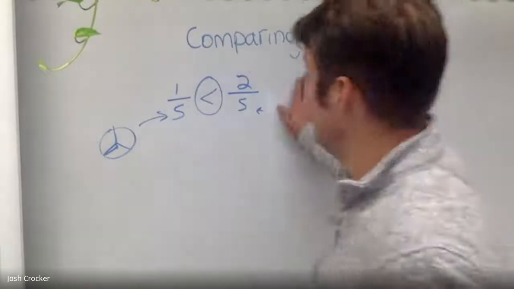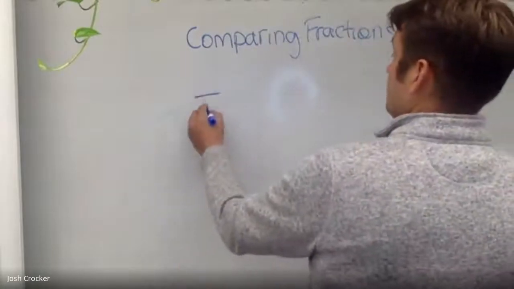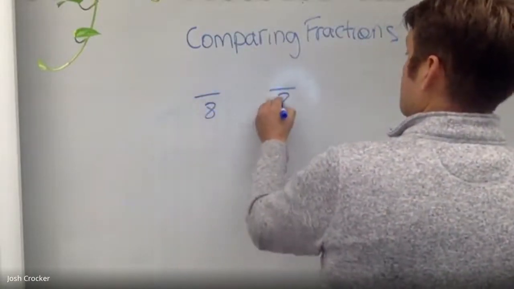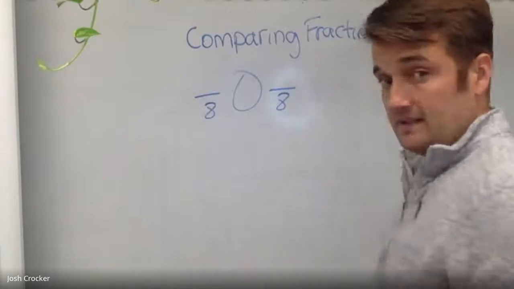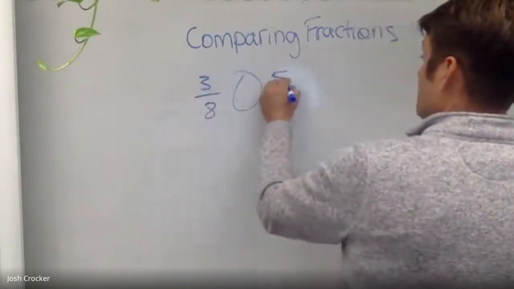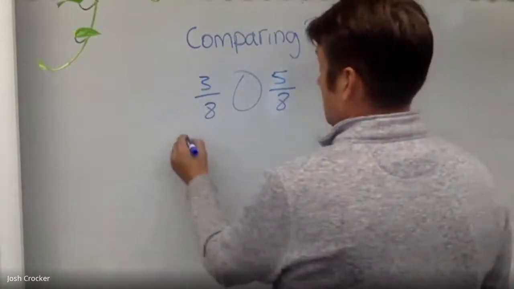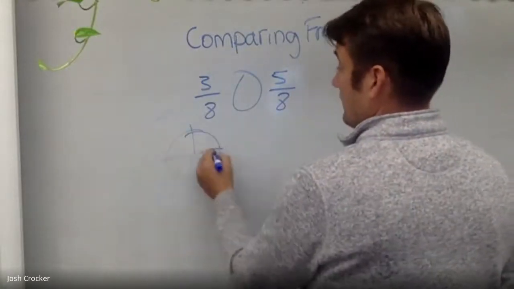Okay, let's look at another one. Okay, both of these fractions are eighths. We have 3/8 and we have 5/8. Which would be greater? Well, they both are eighths.